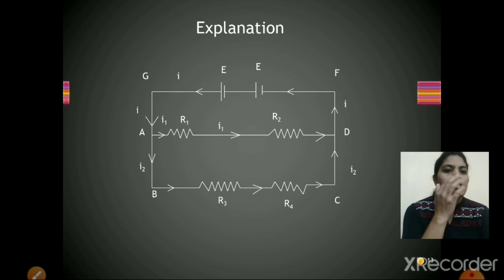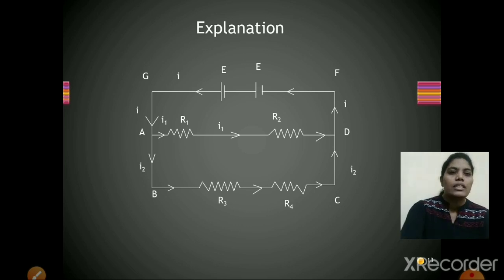Now, as the current is flowing from the battery, that is I, when it is passing through resistor R1, the current we consider as I1, and when it is traveling in another path, that is from A to B, the current we consider as I2.